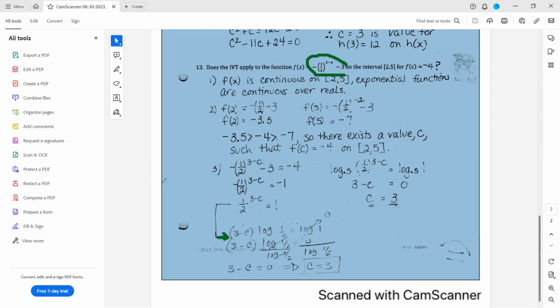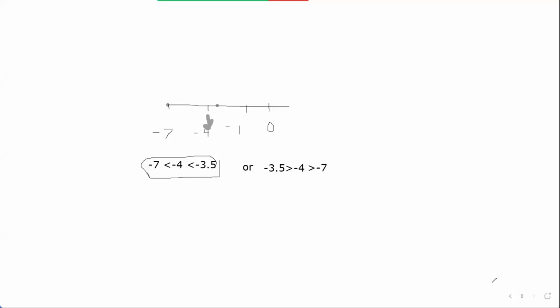Okay, so I'm looking to check. I'm gonna go through this one because I understand the way she's writing it. That's a little bit odd.